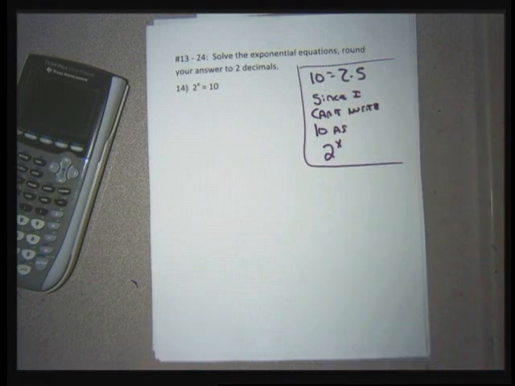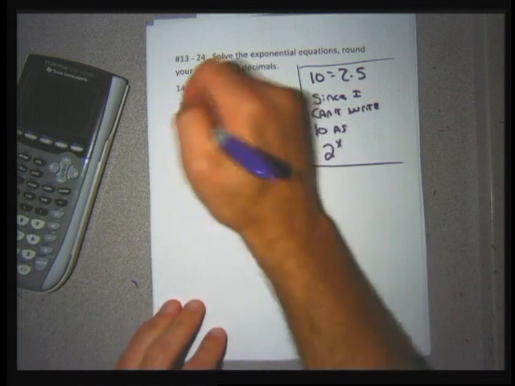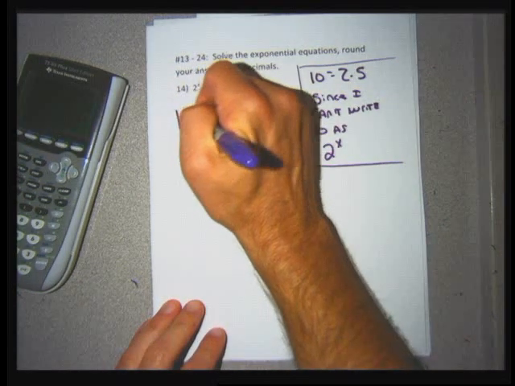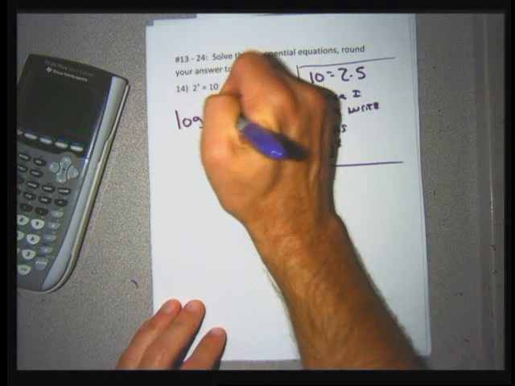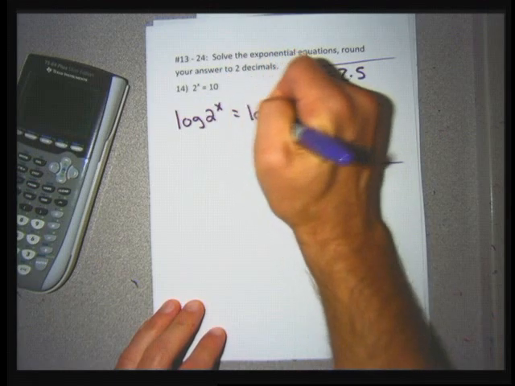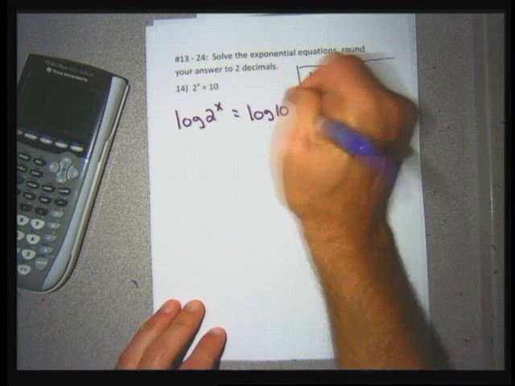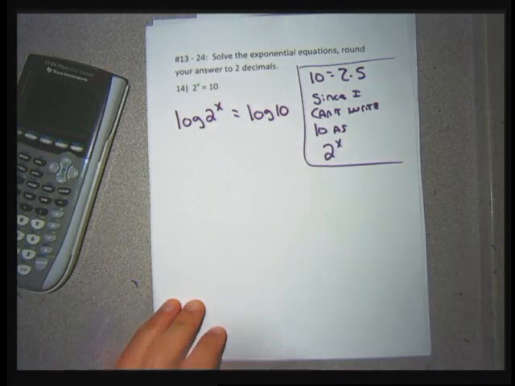The non-logarithm approach implies you can write both sides with the same base, but I can't here. The only way to solve this is going to be introducing logarithms. So I'm going to take the logarithm of both sides. I'm going to make the exponent x a coefficient.